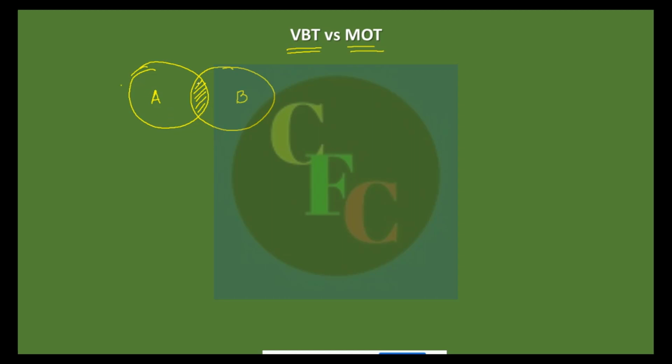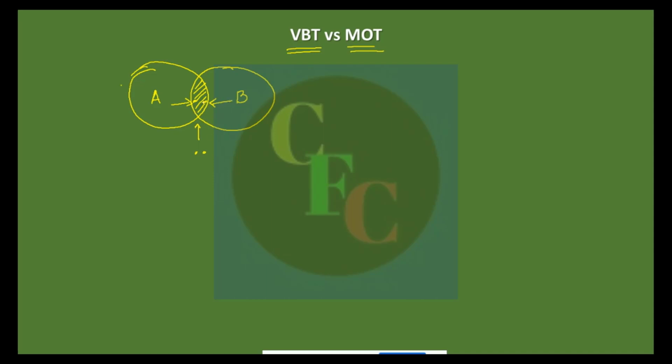Now suppose this one bond is formed by two electrons, a pair of electrons. One electron is contributed by A, and another electron is contributed by atom B.